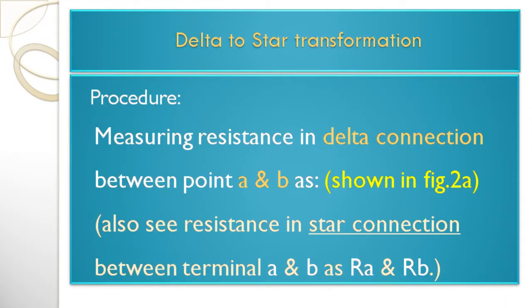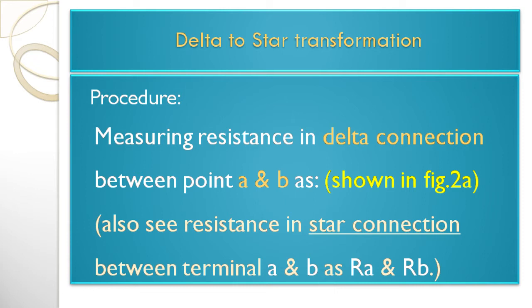Delta to star transformation procedure. Measure the resistance in the delta connection between points A and B as shown in figure 2a. We have to repeat this procedure for points B and C, and similarly points C and A. Also see the resistance in the star connection between terminals A and B as RA and RB.